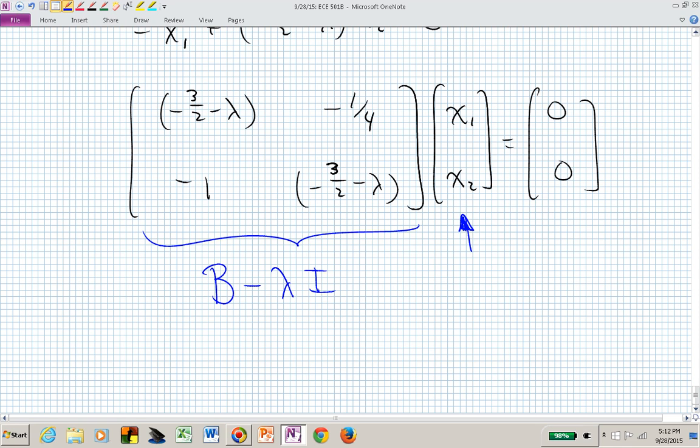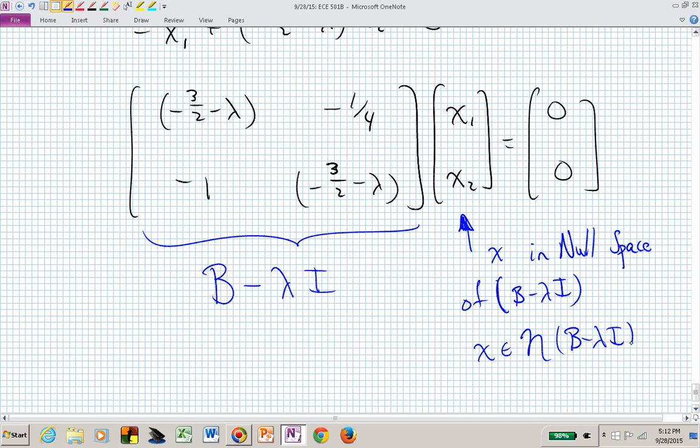That vector x is in the null space of this B minus lambda I. This vector x, if we can find it, is in the null space of B minus lambda I. Or we could write that as x is an element of the null space of B minus lambda I.